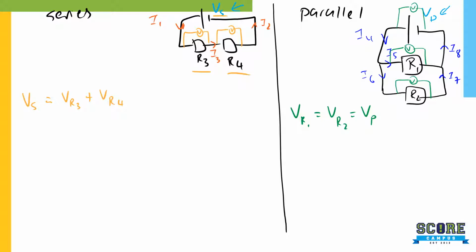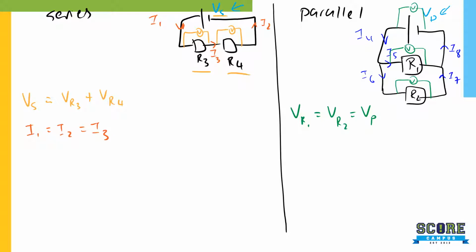Okay, so let's look at the series first. Now, what you will realize is that, see, because there's only one pathway, I1 equals I2 equals I3.